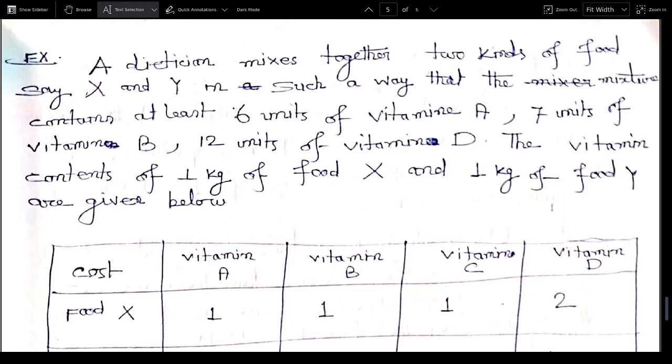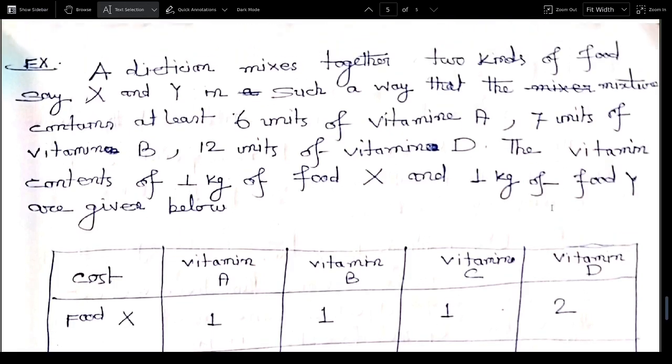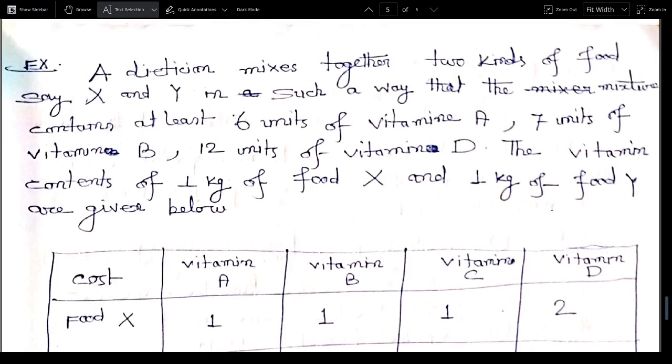Cost of food X and food Y, and vitamin A, vitamin B, vitamin C and vitamin D are given. 1 kg of food X costs rupees 5, whereas 1 kg of Y costs rupees 8. Formulate the linear programming problem.